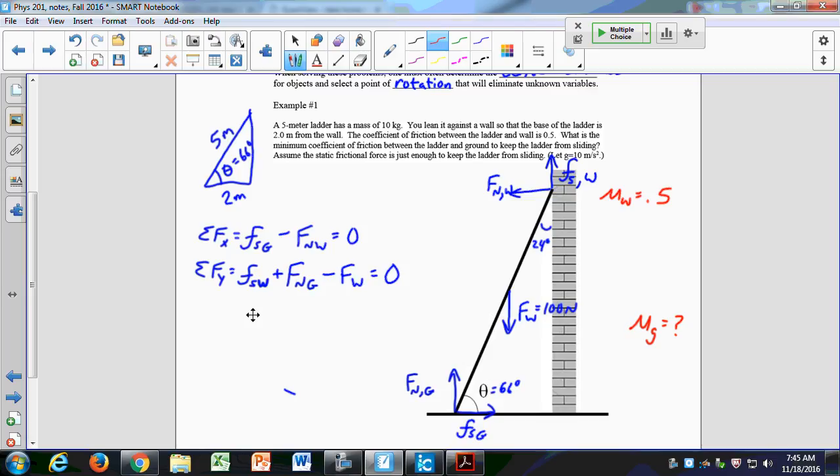I know FW. I don't know what either normal force is. So my unknowns are FNW, FNG, and my coefficient. If I don't know these FNs, then I don't know the frictional forces either.